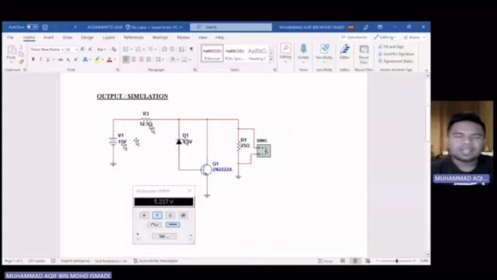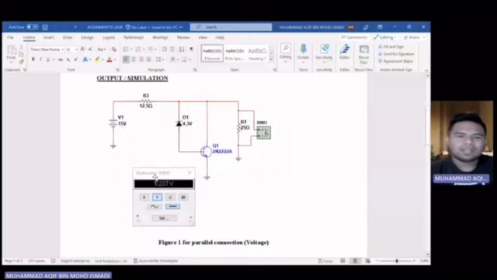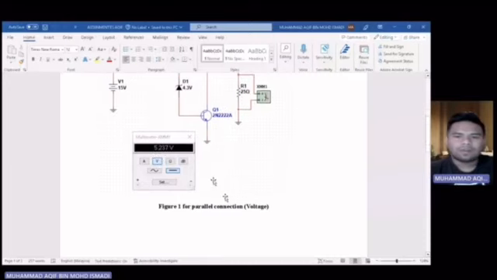In this simulation, I take one multimeter only, and this is my result, and the value is 5.237 volt for voltage connection.